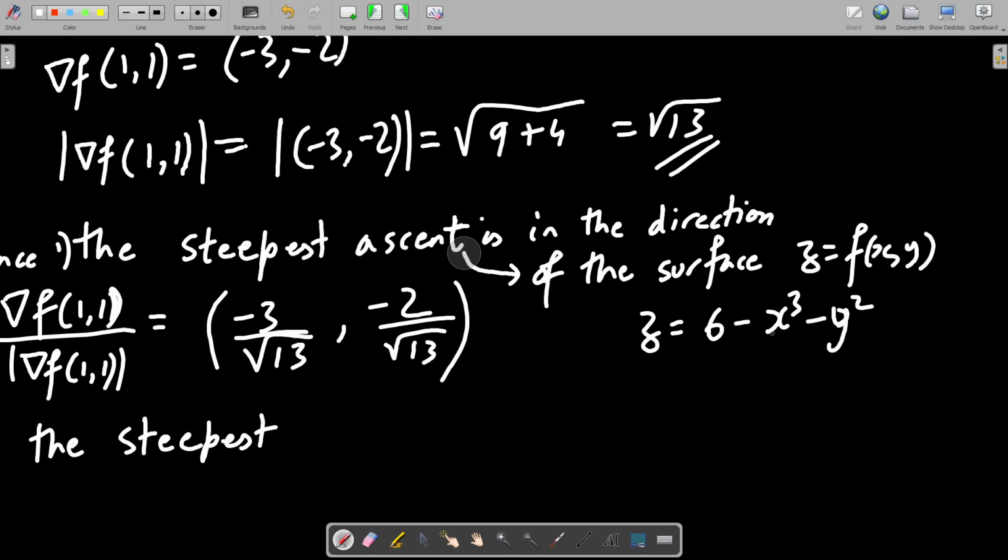If you plot this surface, it is increasing at the point (1, 1). The surface is rising the fastest in this direction, and it will be decreasing the fastest in the direction which I'm going to write now.